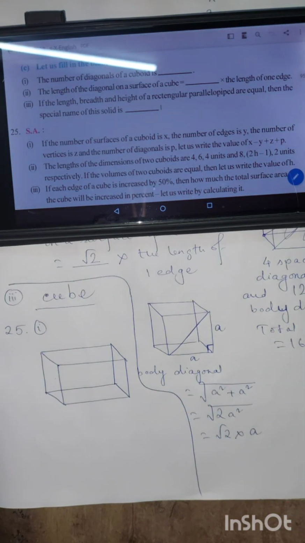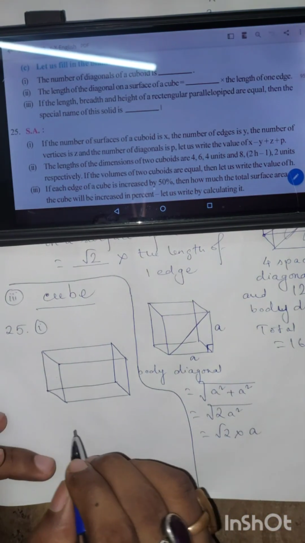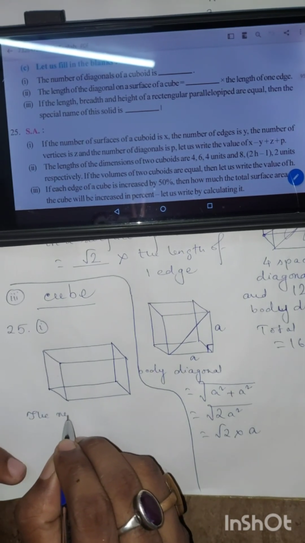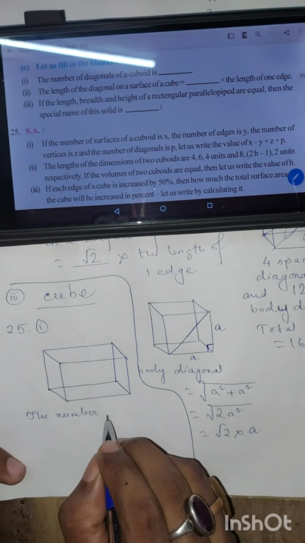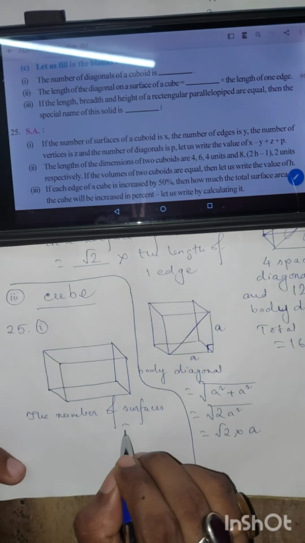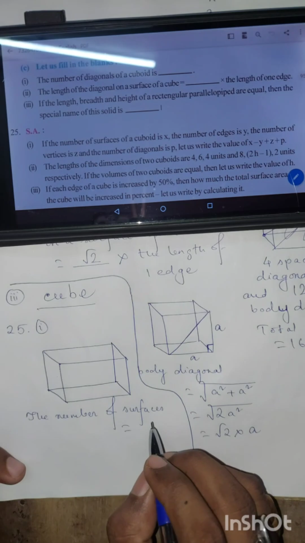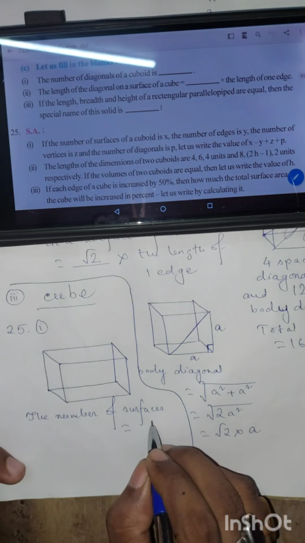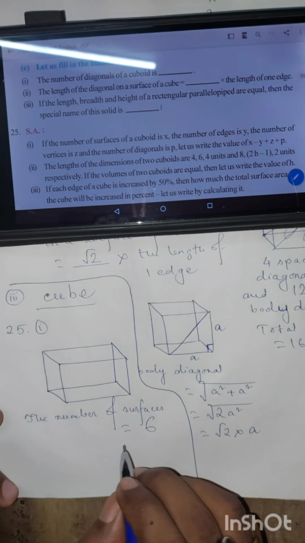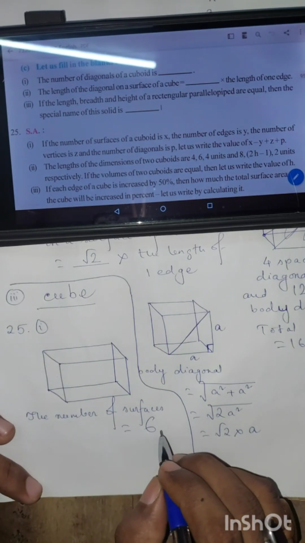The number of surfaces of a cuboid is equal to 6, which is equal to x.